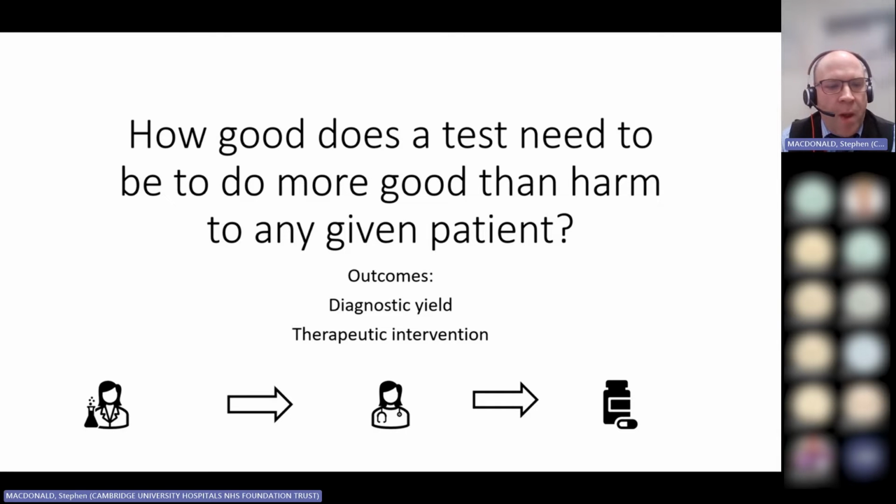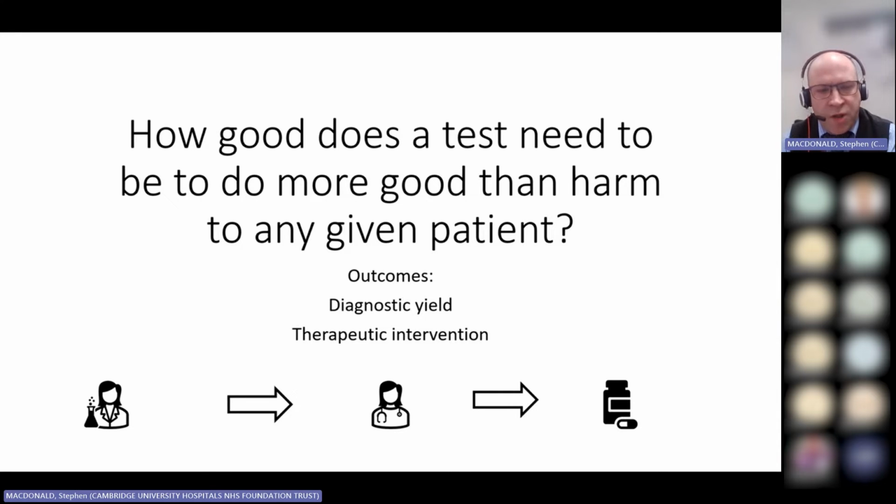Because remember, we are providing data to clinicians. Those clinicians are then instigating clinical interventions or withholding clinical interventions based on those results. So it's a very indirect link that the performance of assays have to the final patient outcome.